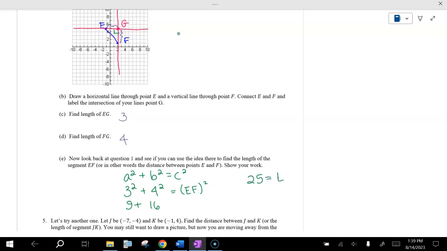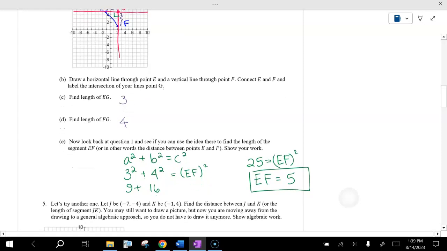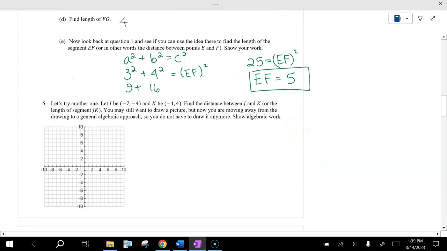So we know 25 equals EF squared. So EF, the length of that line there, is just going to be 5. So we know the length of EF is going to be 5 using the Pythagorean theorem and what we know so far. So let's do another example.